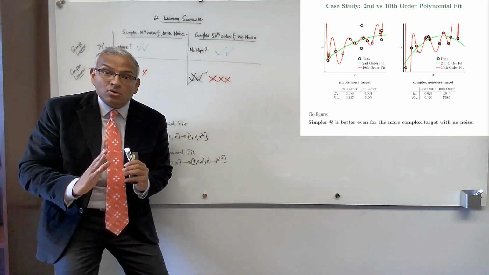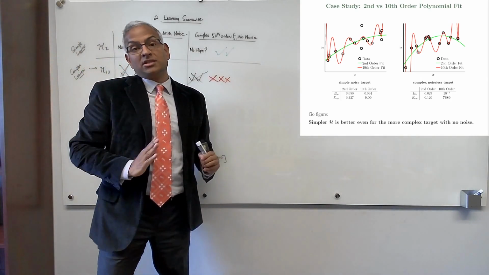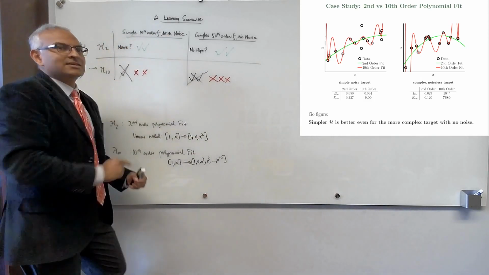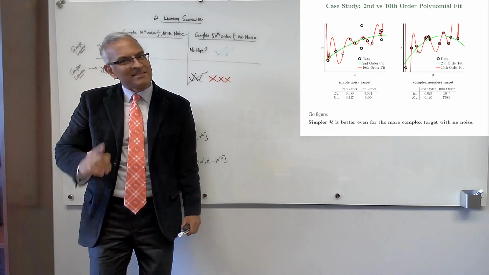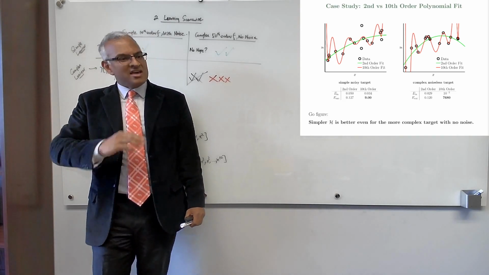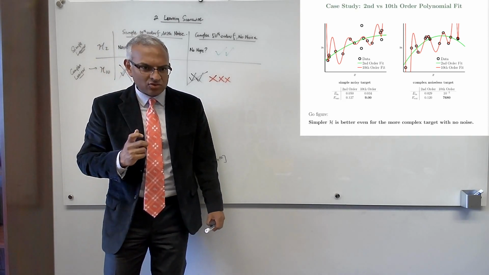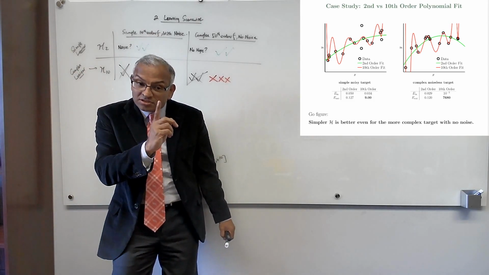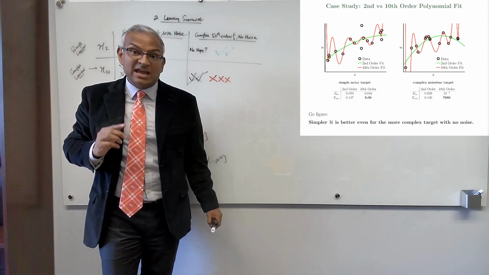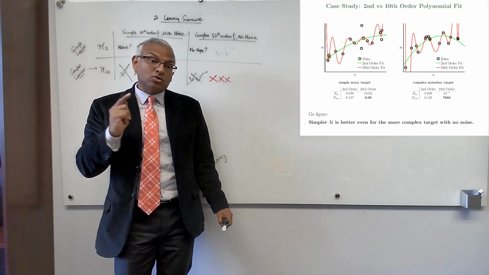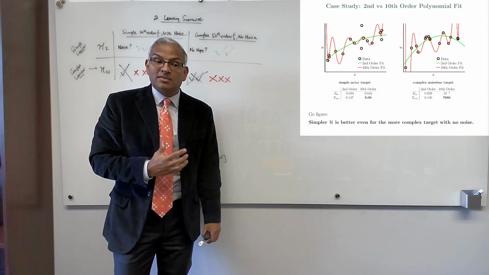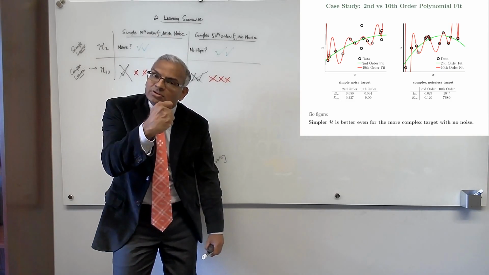So you are better off ignoring that knowledge about the target function being 10th order and going with the simpler second order fit. That's what you're telling your boss. Thank you very much. You told me it's 10th order. I'm going to use second order. And if the boss asks you why, it's because you told me there's measurement error, and I'm afraid the 10th order polynomial might overfit. And even though that's the right order, it's too dangerous to use it to learn.